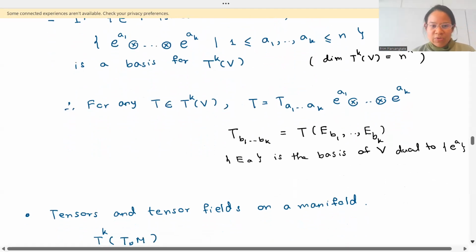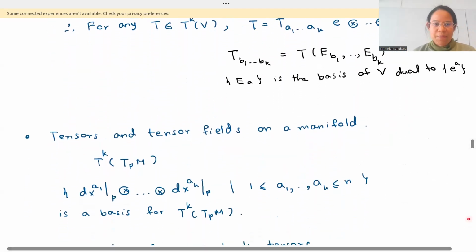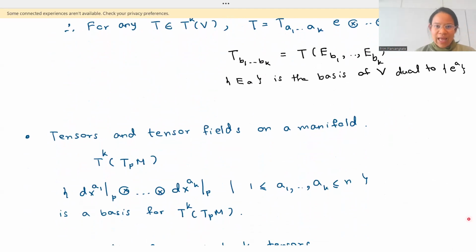Now we go on to a manifold. For a manifold, we have a natural vector space at each point, which is the tangent space. Then we can consider covariant K tensors on the tangent space, and everything just follows.